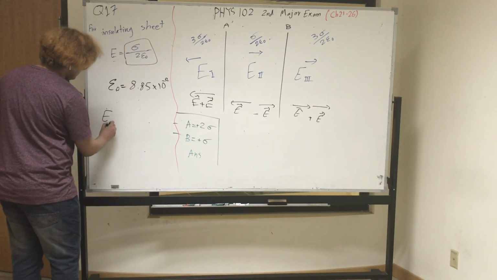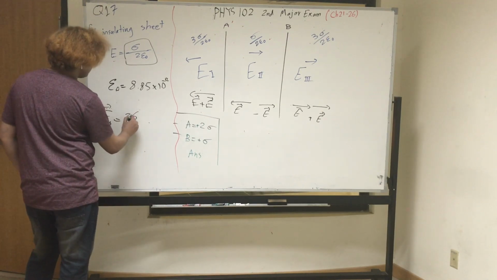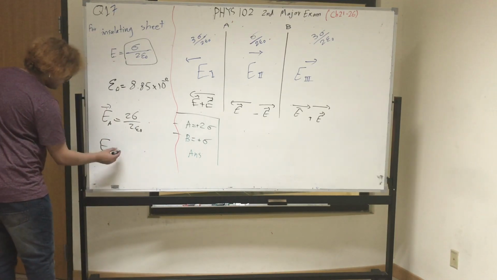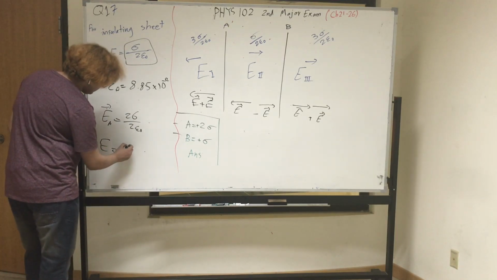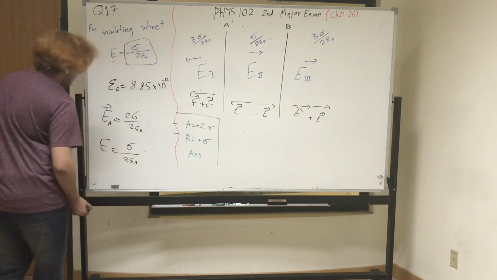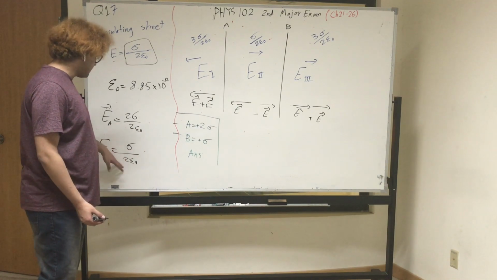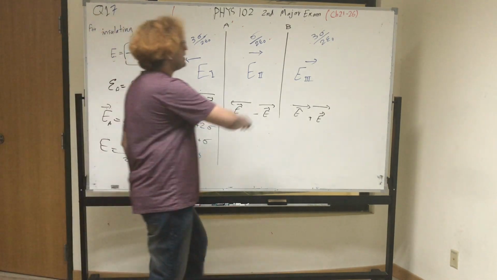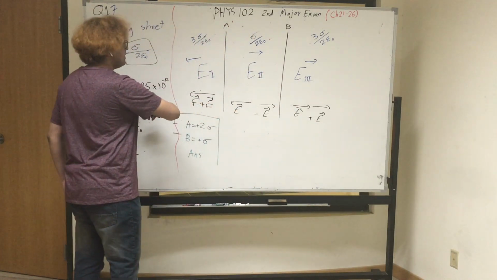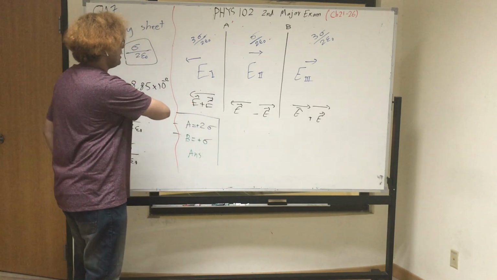Electric field due to A is equal to 2 sigma over 2 epsilon naught, and electric field due to B will be sigma over 2 epsilon naught. If you add 2 sigma over 2 epsilon naught plus 1 sigma over 2 epsilon naught, you get 3 sigma over 2 epsilon naught. And if you add them here again, you get 3 sigma over 2 epsilon naught.